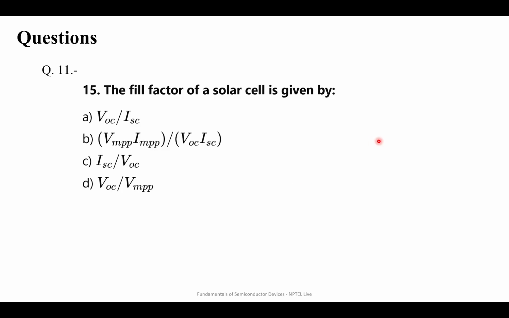Next question. The fill factor for a solar cell is given by: VOC by ISC, VMPP IMPP by VOC ISC, ISC by VOC, or VOC by VMPP.